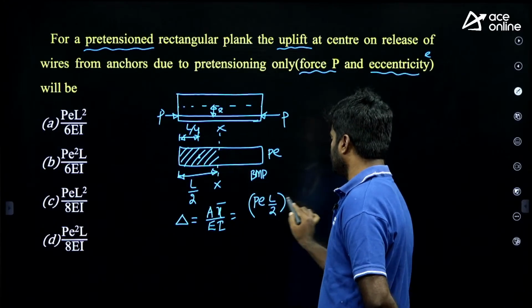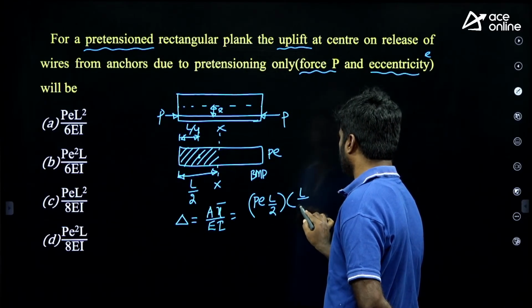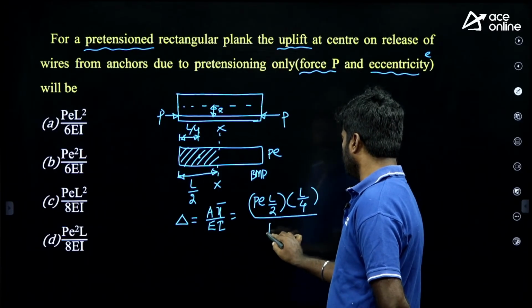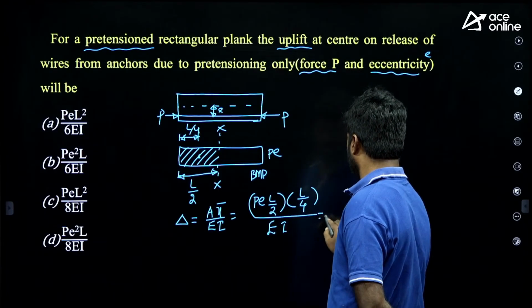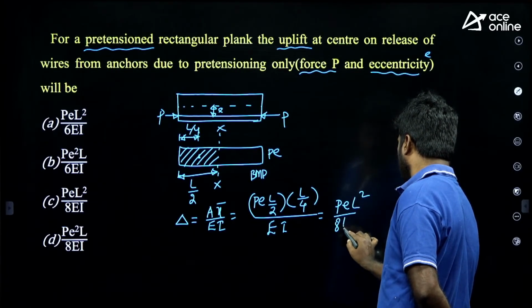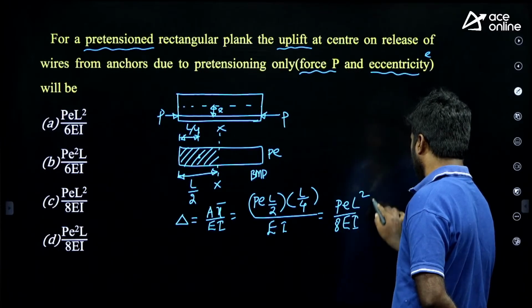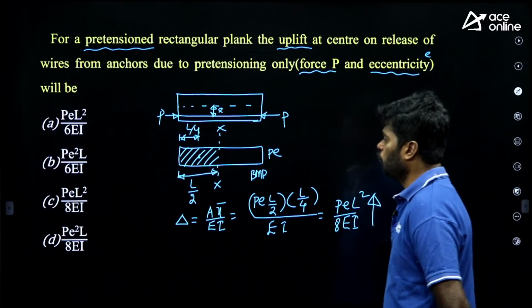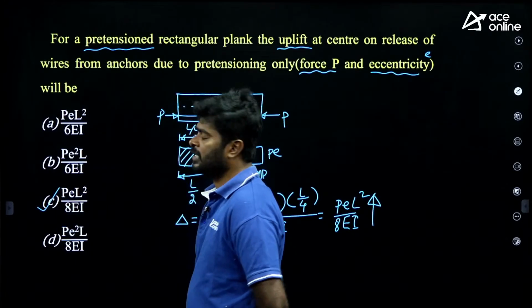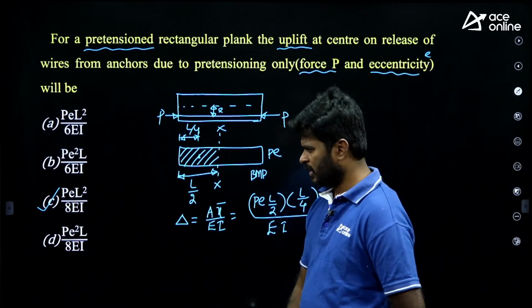X bar, centroid of the bending moment diagram of the hatched portion, is L by 4, upon EI. So, if I simplify, I will get PEL square upon 8EI. The deflection is upward. So, PEL square upon 8EI is the correct one. Okay? Right?